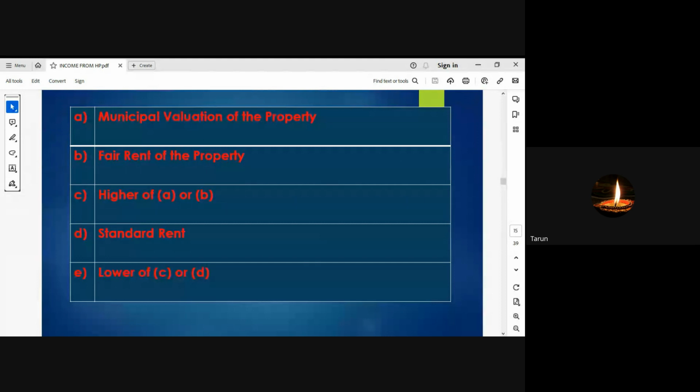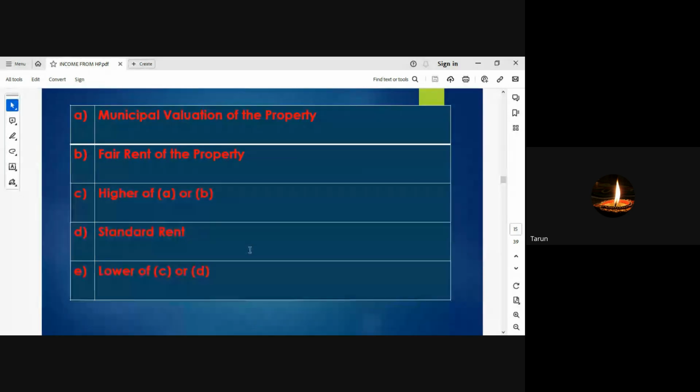It's written higher of A and B, that is the expected rent. The standard rent is already given in the question. You compare the two, and whichever is lower, that amount is the reasonable expected rent.